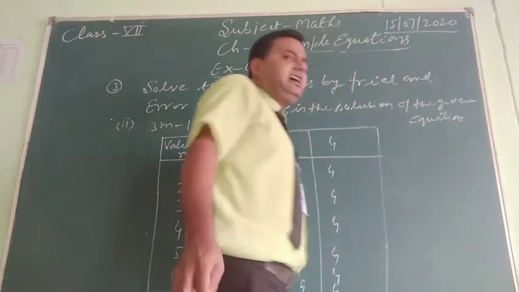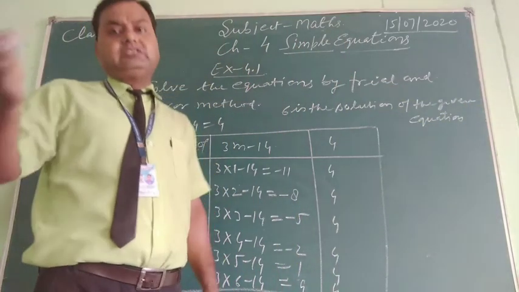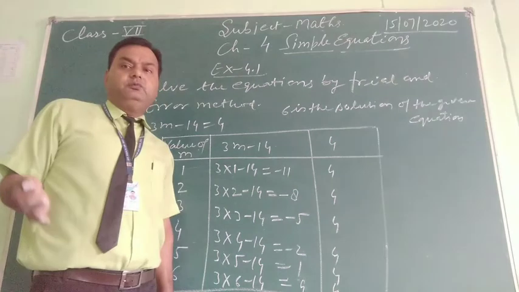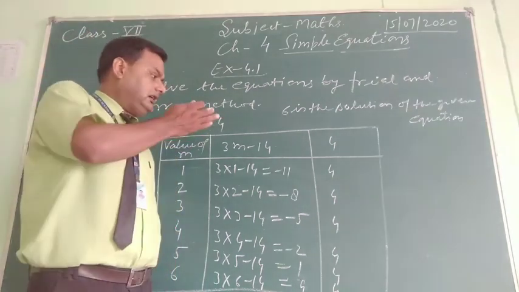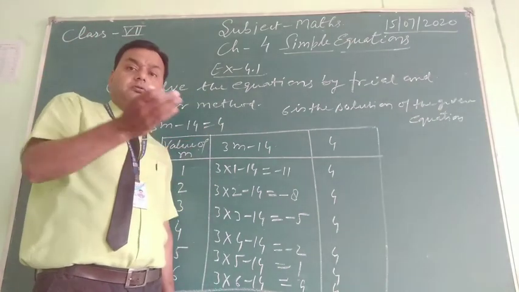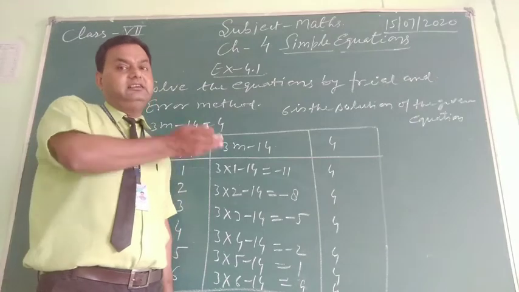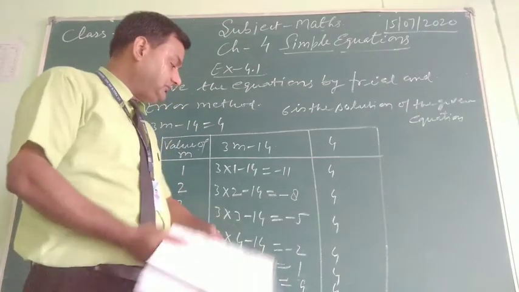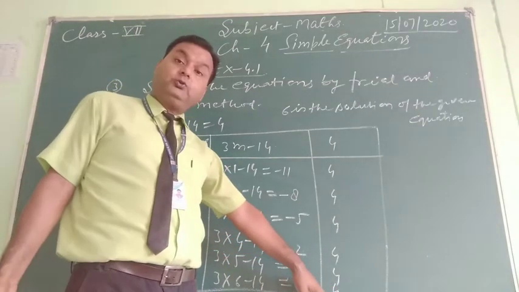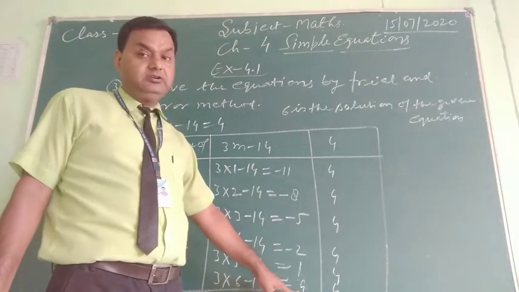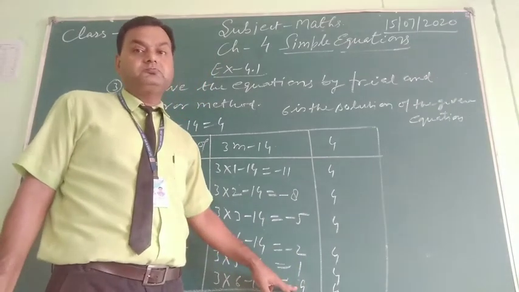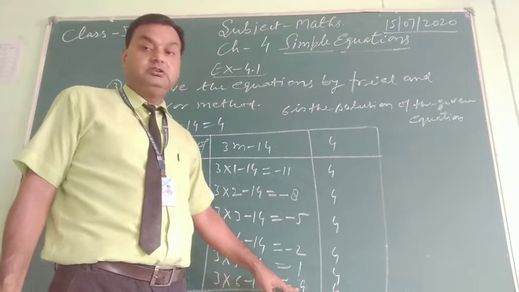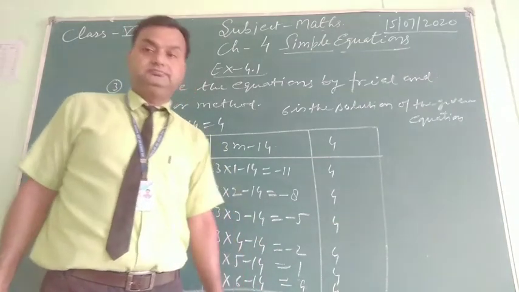So this is the trial and error method. We will put the values, and when we find the value equal to the RHS, then it is the solution. Here RHS is 4 and we have found the value 4. So it is the solution.